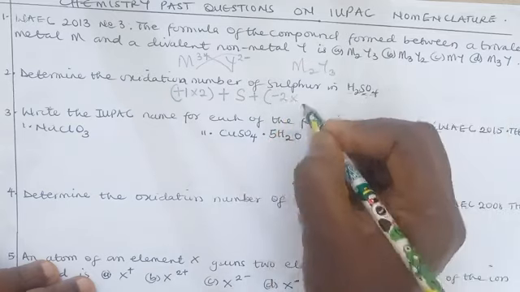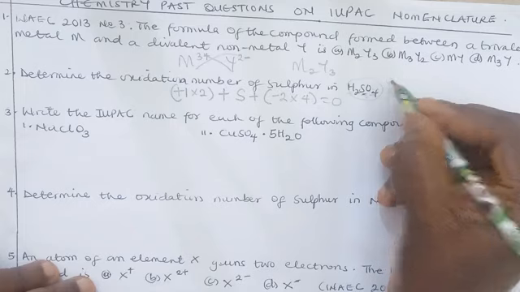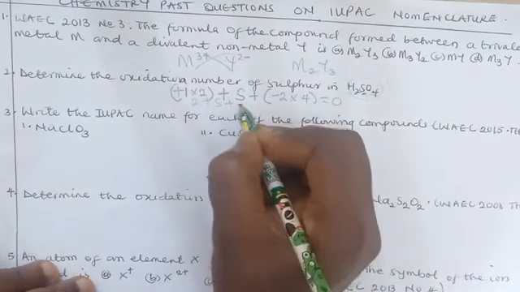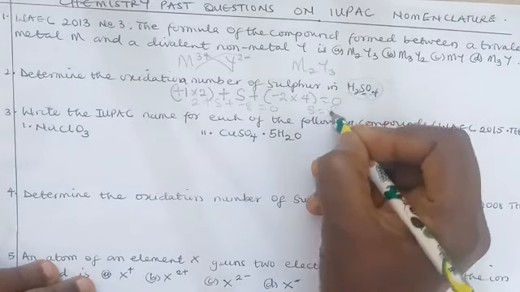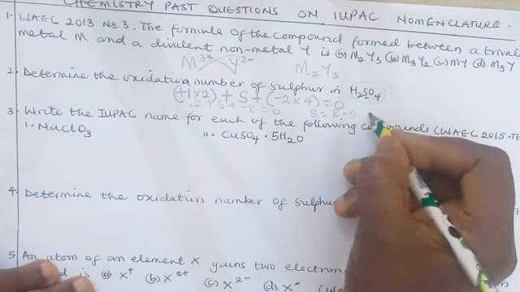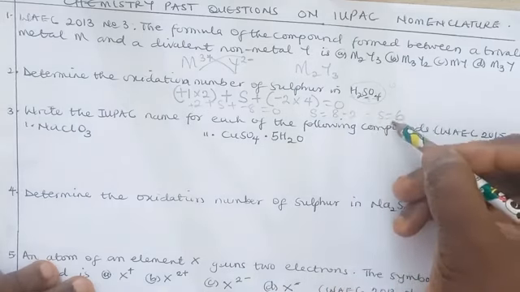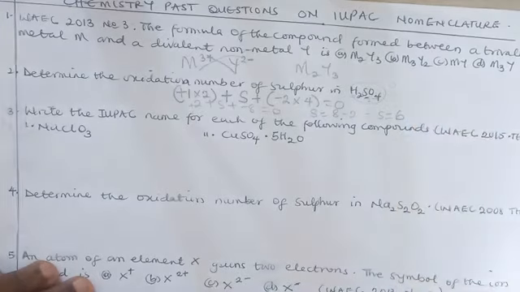Multiplied by the 4 here, everything is equal to 0 because this compound is neutral. So working this out, we have 2 plus S plus -8 equals 0. So we have S on this side, 8 on the other side, and with this +2 going to the other side, we have S as 6. So the oxidation number of sulfur here is 6.